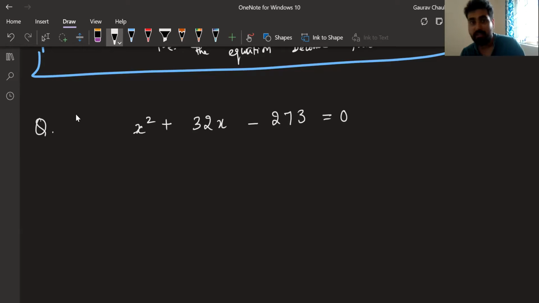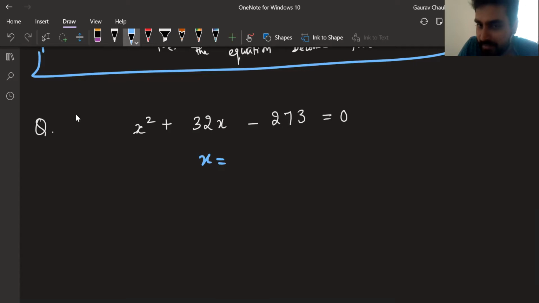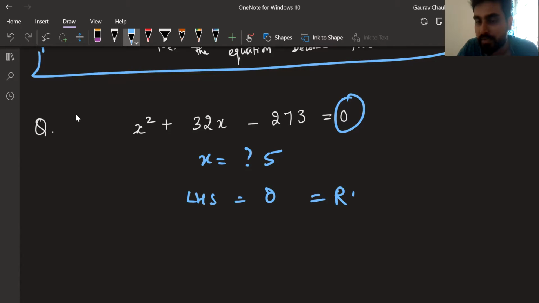Okay, fine. Now what we need to do to be able to find x is to find such a value of x, maybe x is equal to 5, so that LHS will also become equal to 0 because RHS is also equal to 0, right?